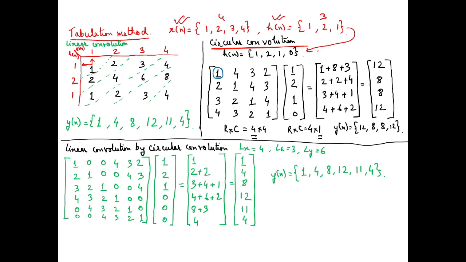Okay. So how to do that? 1, 2, 1 becomes 1, 2, 1, 0. We just added a 0, which is called 0 padding. So it is not affecting the signal h n. The main signal component remains the same.